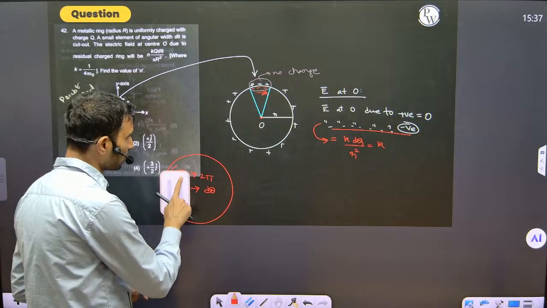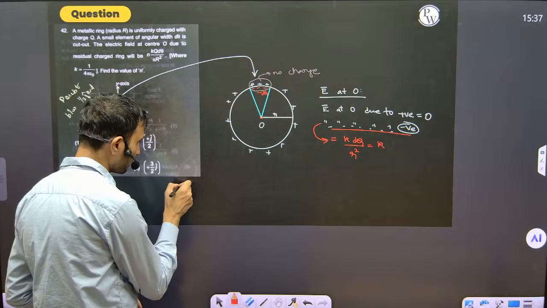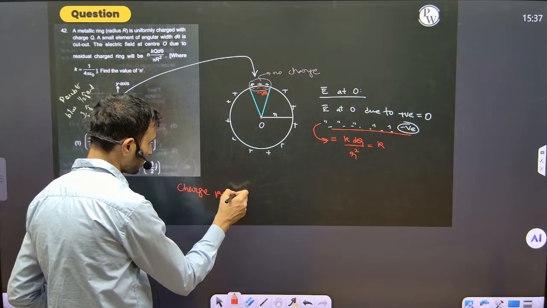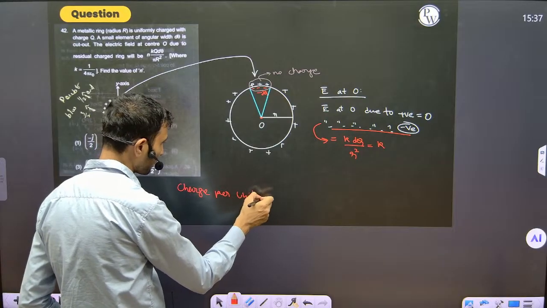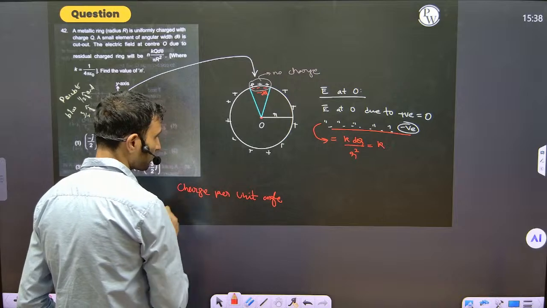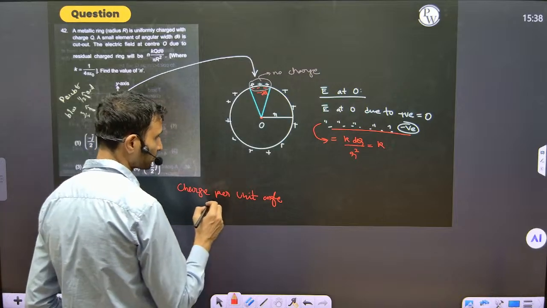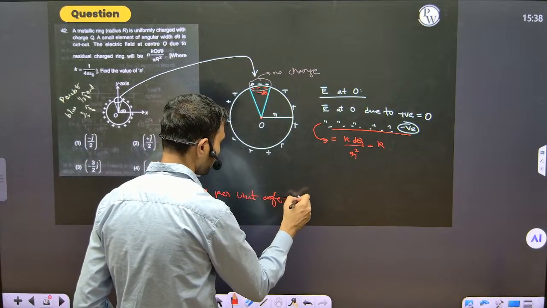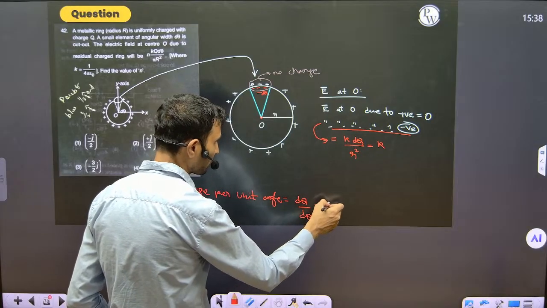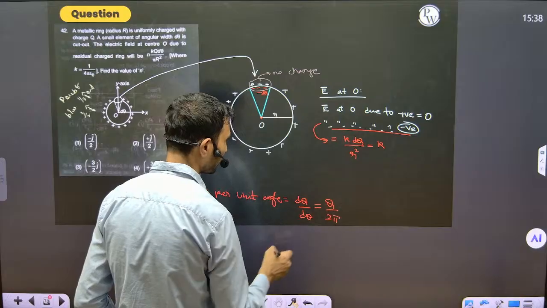So what we can say is charge per unit angle is what? Is dq by d theta, which can also be written as Q divided by 2 pi.